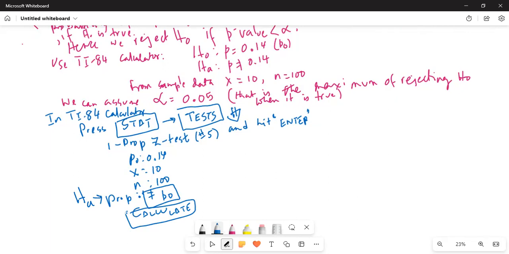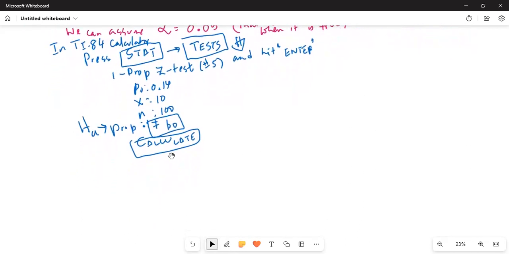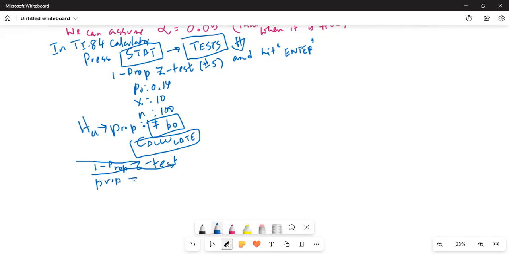So let's see what information you get on the next screen. The first line is 1-PropZTest. The next line says prop not equal to 0.14. Remember, this is your HA.